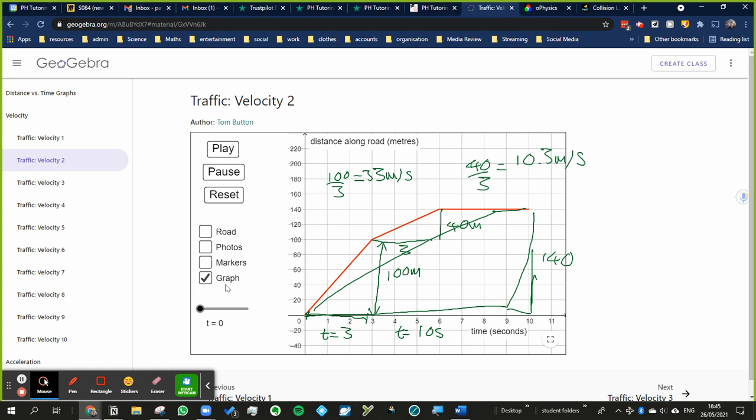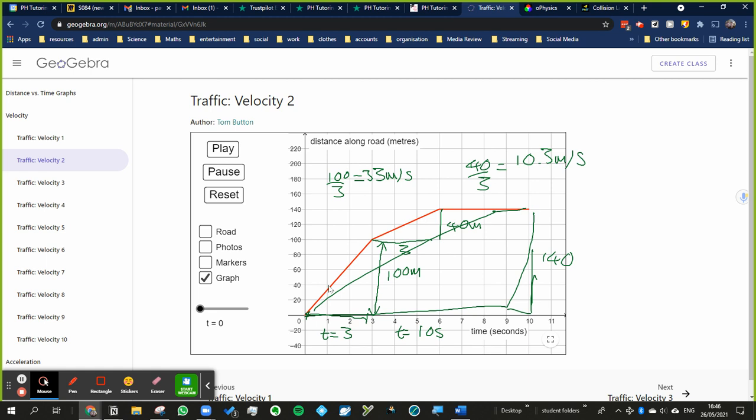Even when I did the first one here, 0 to 3 seconds, I did 100 meters, and I said the speed was 100 over 3, 33 meters per second. That is still the average speed between those points. We don't know if between each second he speeded up and slowed down, and then speeded up and slowed down again.